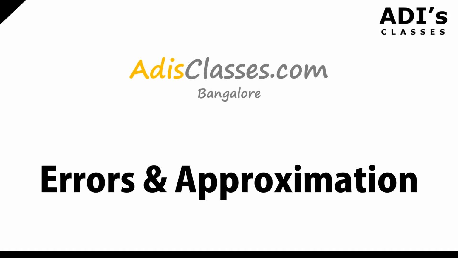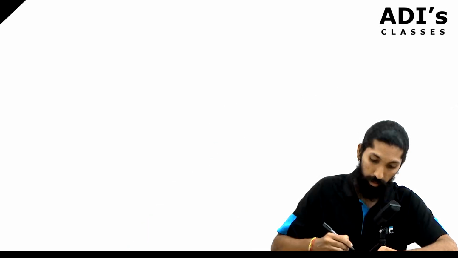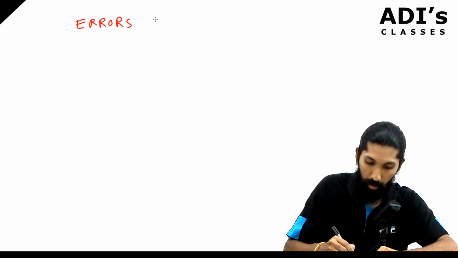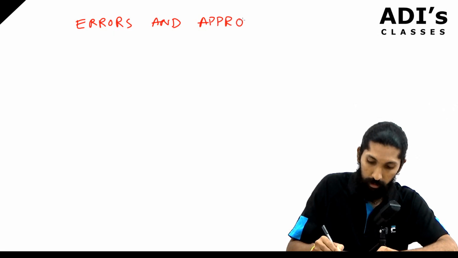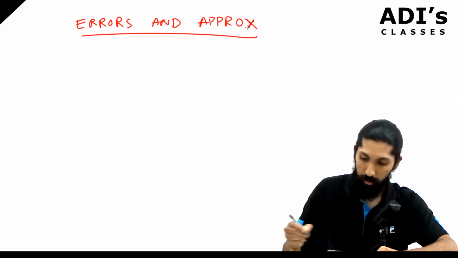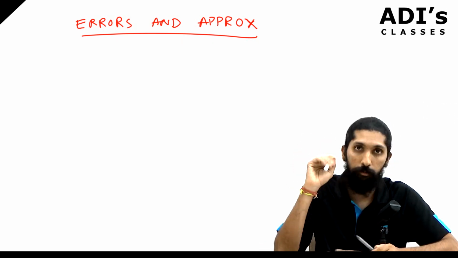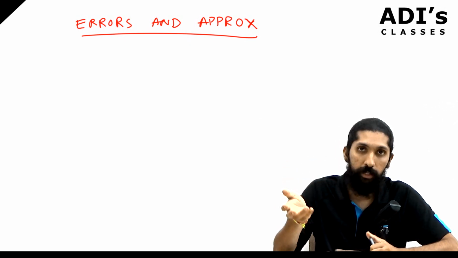Let's start this chapter with the concept of errors and approximations. We pretty much approximate in everything, I would say. If you have 19.5, we approximate it to 20.